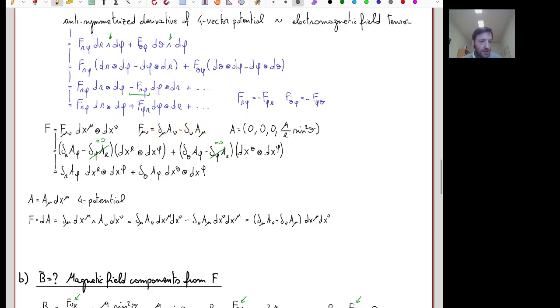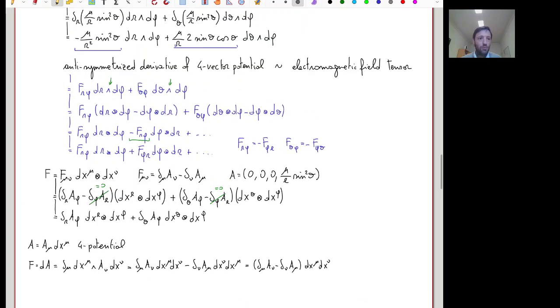Okay, so let's see if we get the same result as we obtained up here. Let's try out. We just use F mu nu as we created in this way. We plug it in, and once we apply the symmetries, we have these two terms, because we have the derivative. We have only an r and phi component, so only two derivatives are going to appear for this term and this term.